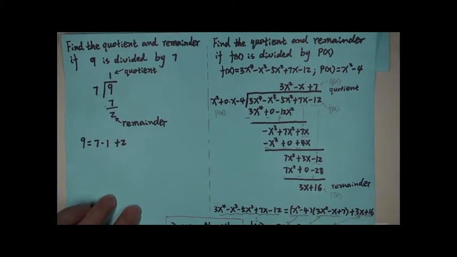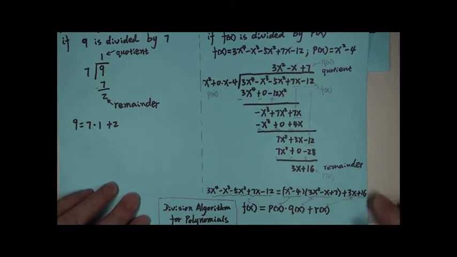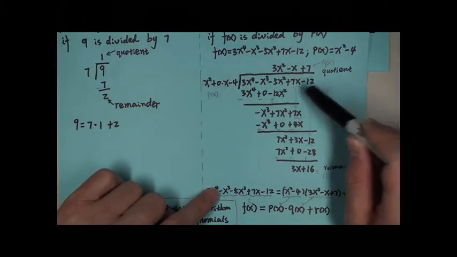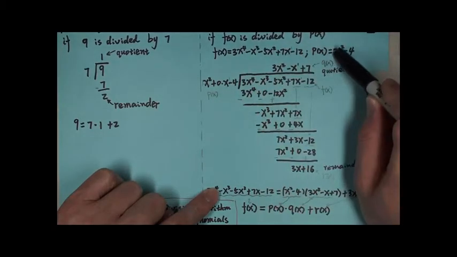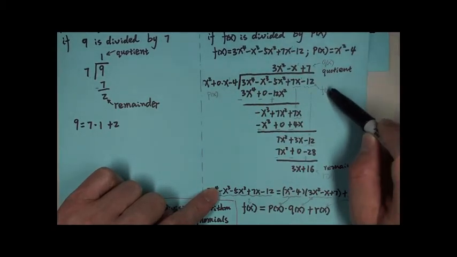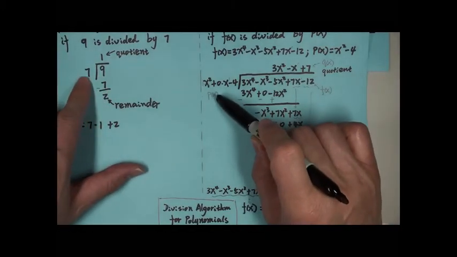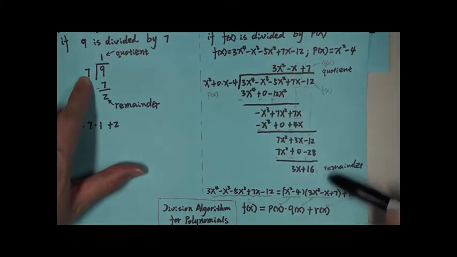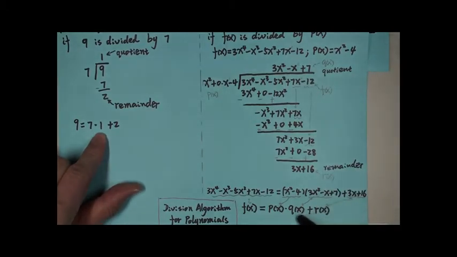They are equal. This was our f of x, and this was our p of x. So f of x is like our 9, and p of x is like our 7, where p of x is x squared minus 4. The quotient is like our 1, so here it will be q of x.